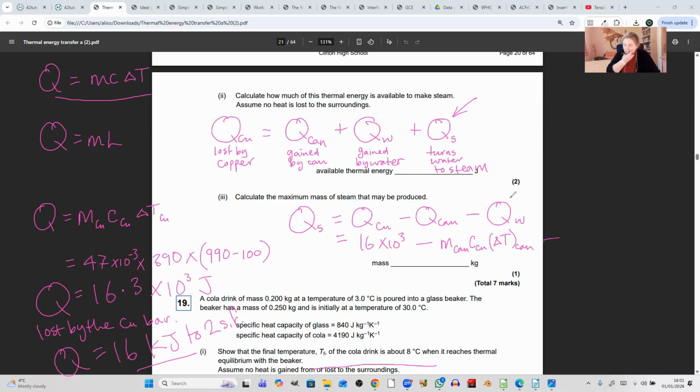And our Q_W is mass for the water times the specific heat capacity for the water times the temperature change for the water. Okay, so the mass for the can was 20 grams times 10 to the minus 3. Specific heat capacity for copper was 390. What is my temperature change for the can?